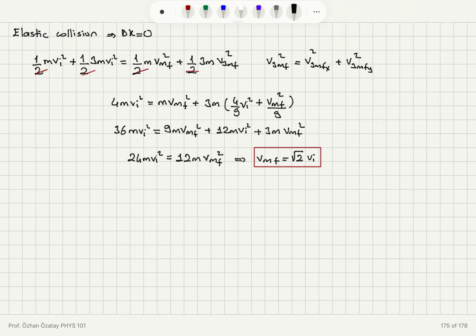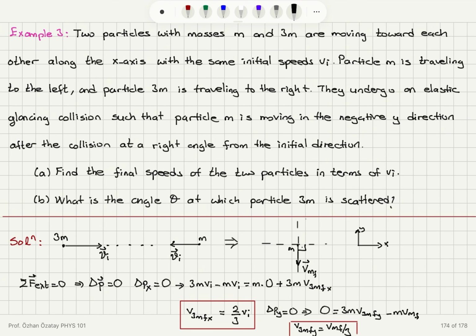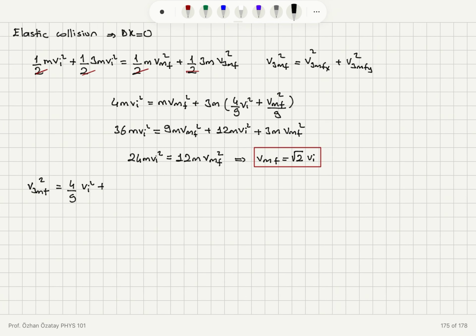Now, to find v3m final, squared was 4 over 9 vi squared plus we have vm final over 3 squared, which is 2 vi squared over 9.